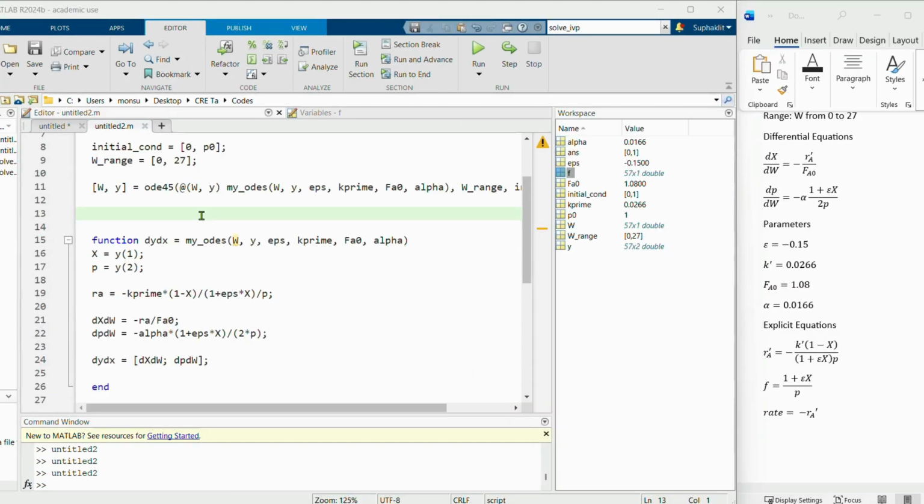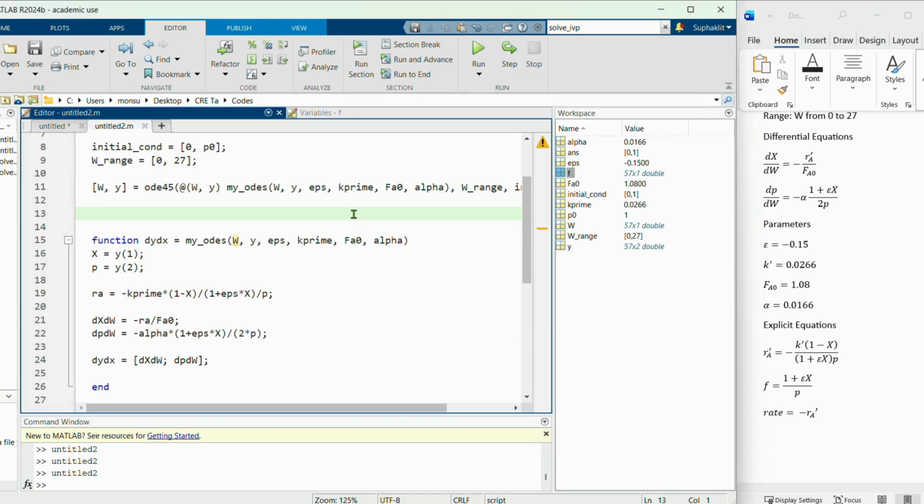So just now I forgot to define the RA and F outside the function, so that we can plot it. So I'm going to define the RA the same way, except I'm going to use y1 and y2 when it's outside the function, because outside the function X is not defined. So I'm going to go ahead and define the rate, which is the negative RA prime.